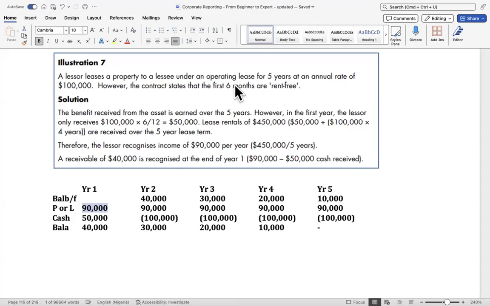Okay, so you credit P&L, you debit cash, and you debit receivable. With how much? For the first, 40,000.